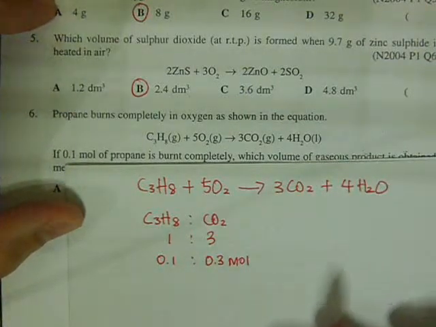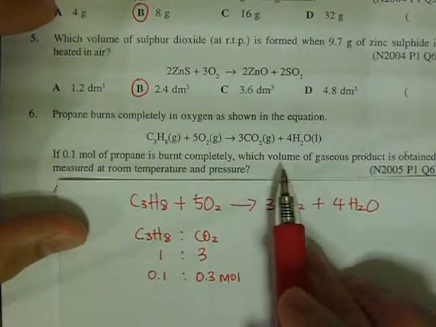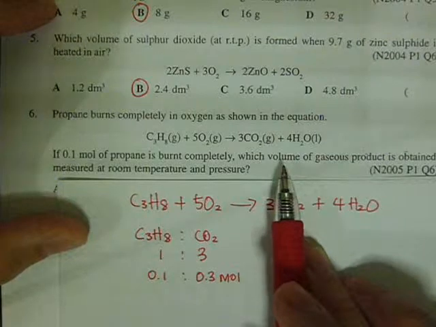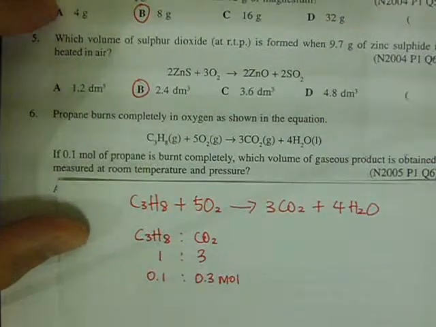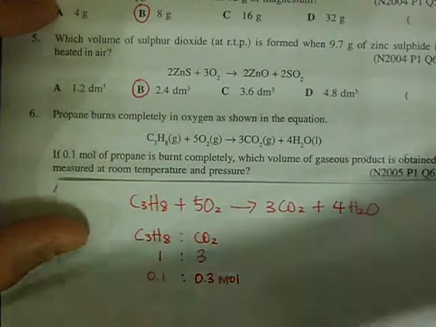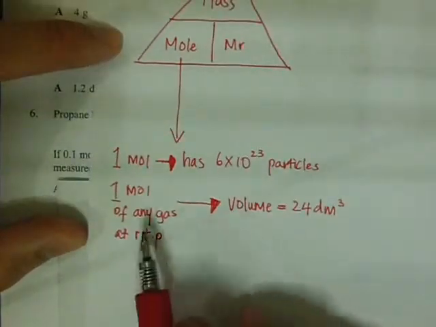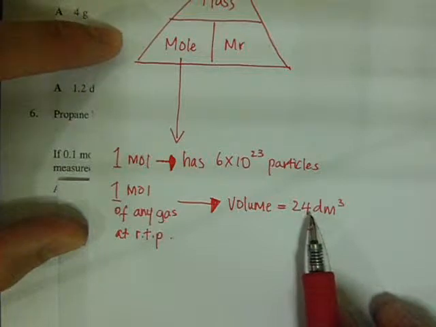Now, 0.3 mole of carbon dioxide, how much is the volume occupied at room temperature and pressure? Again, from the formula, we know that 1 mole of any gas will occupy volume of 24 dm³.